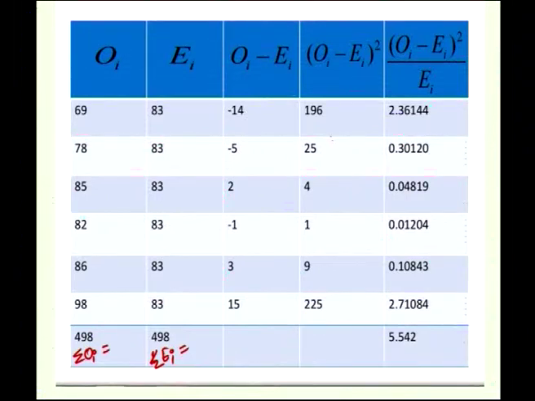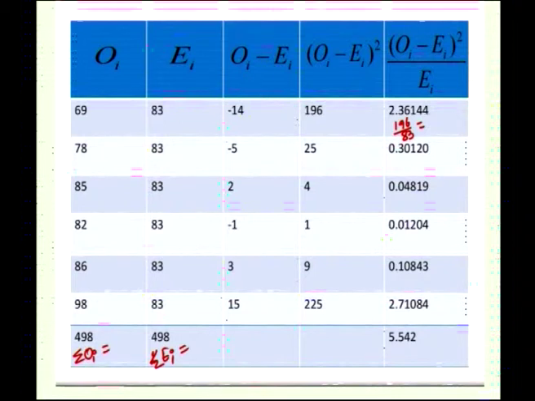Then this particular column is formed using its squares. OI minus EI whole square is 196, 25, 4, 1 and then 9 and then 225. Then this particular column is formed as OI minus EI whole square divided by EI. So, this value is 196 by 83, which is 2.36144.